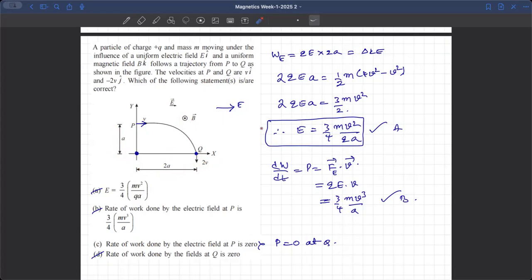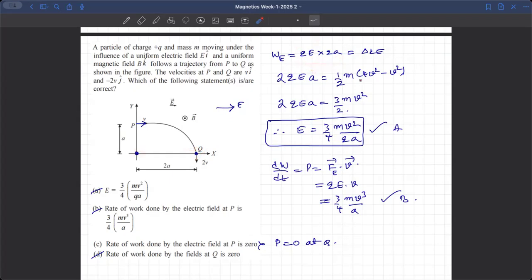My point is very clear. Here, the electric field does work, and since it is a uniform electric field, it does constant work. What is the work done by the electric field? QE times displacement; the displacement in this direction is 2a.